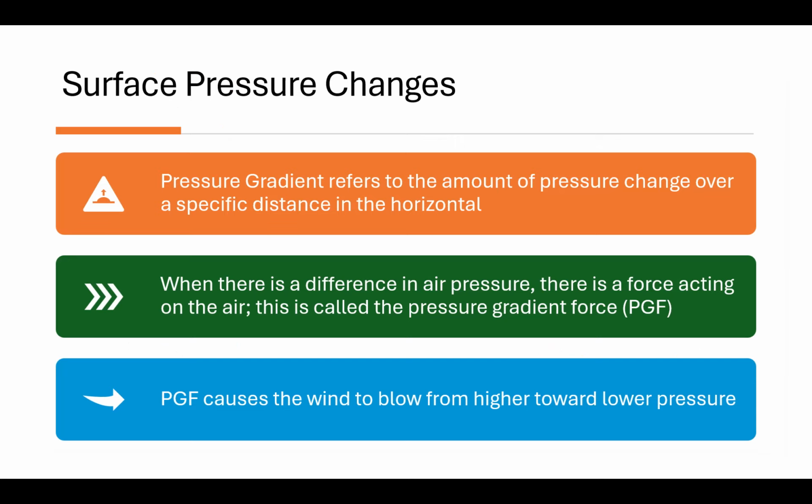So with surface pressure changes in general, just keep in mind, we talked about the pressure gradient force in a previous training video, but let's talk about the pressure gradient first, then we'll get to the force. Pressure gradient refers to the amount of pressure change that we see over a specific distance in the horizontal. Let's say you take a trip from Washington, D.C. to Indianapolis.